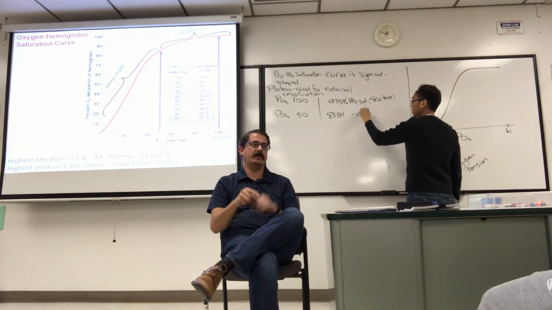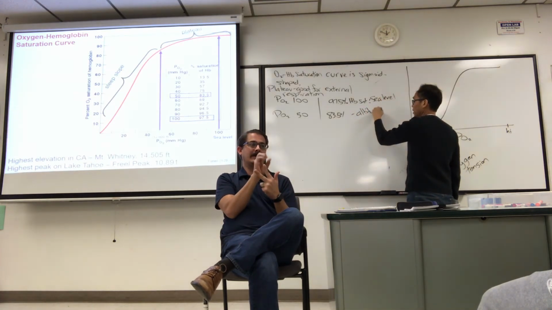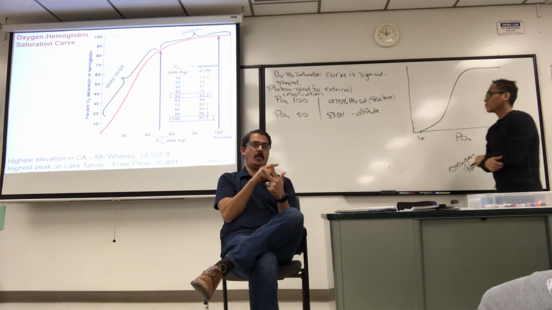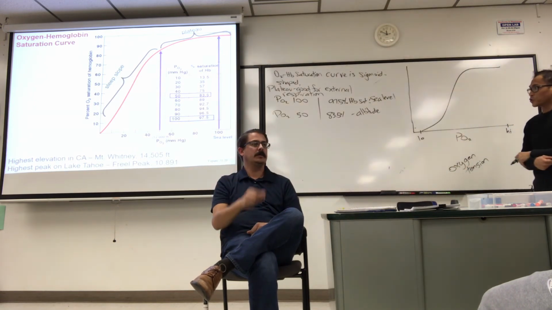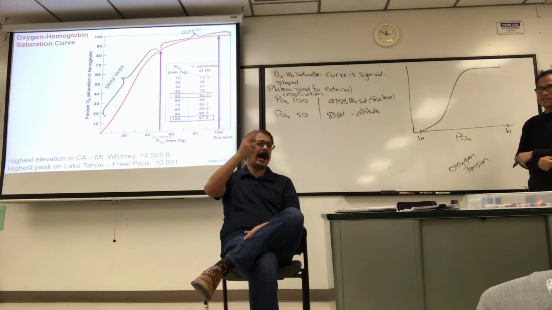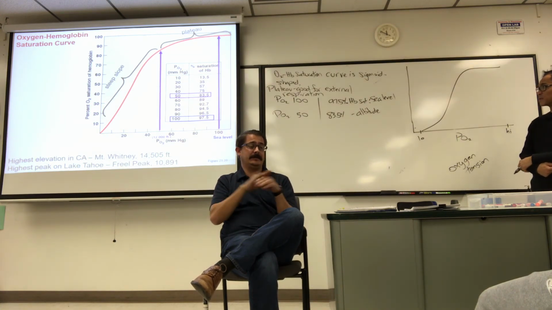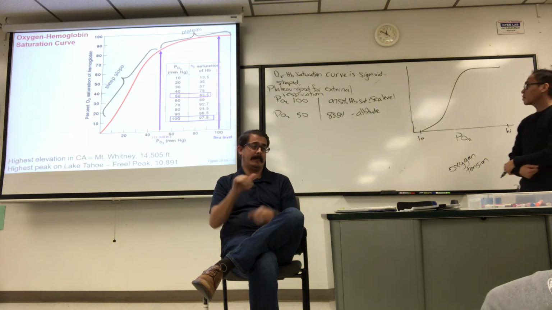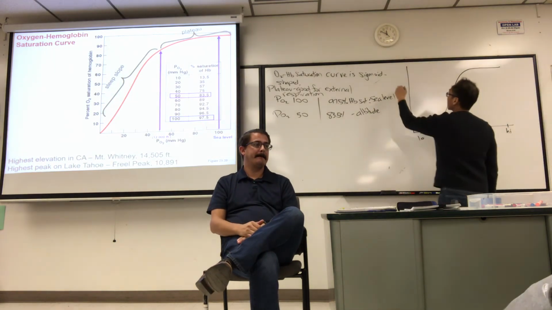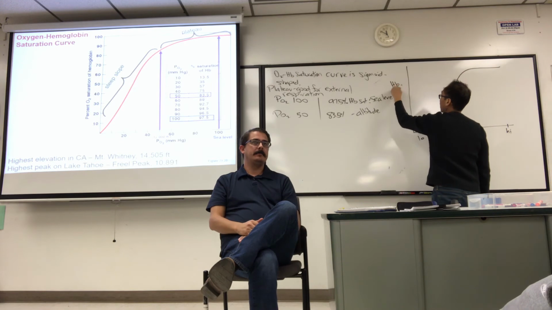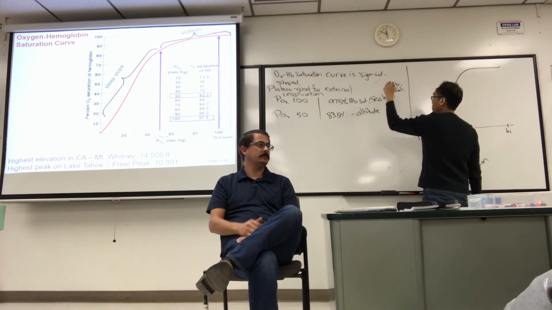This is altitude, you know, high up in the mountains. For some reason, they don't use the terms high altitude, low altitude. They say sea level, altitude. That's it. Altitude, you're on the mountain. Sea level is, well, like living here.